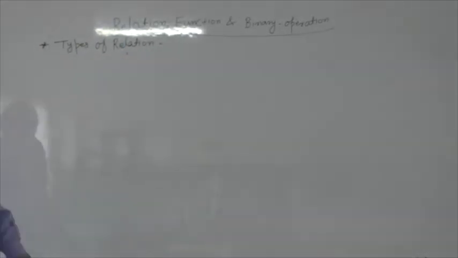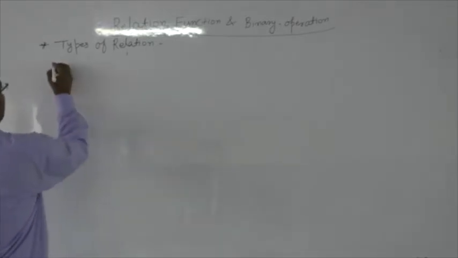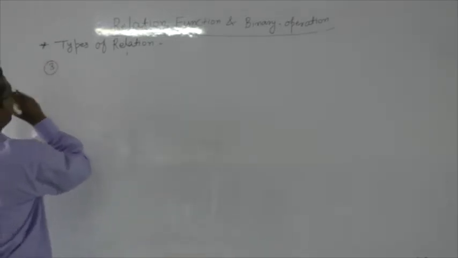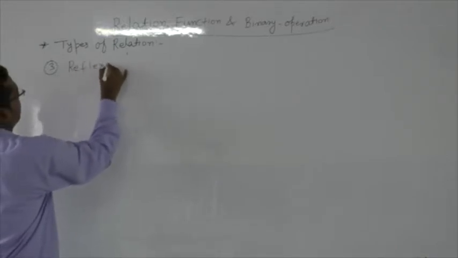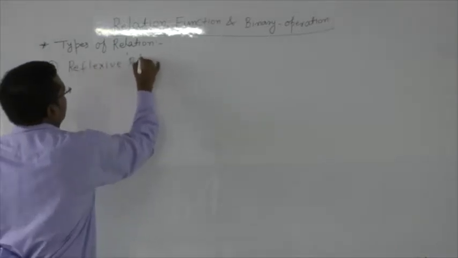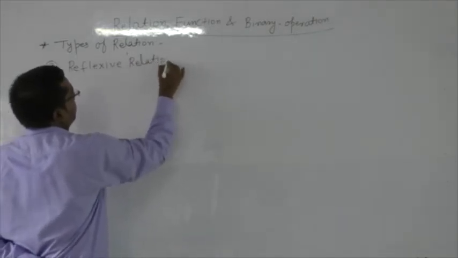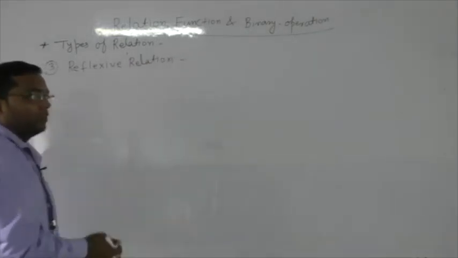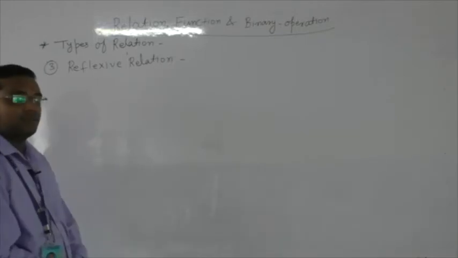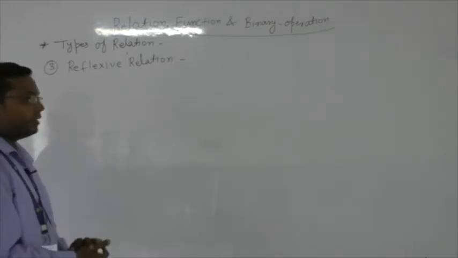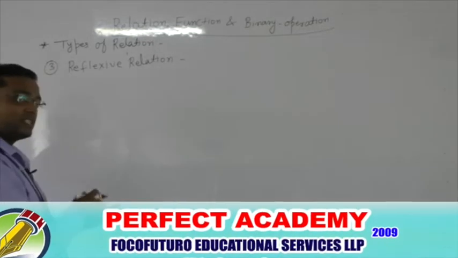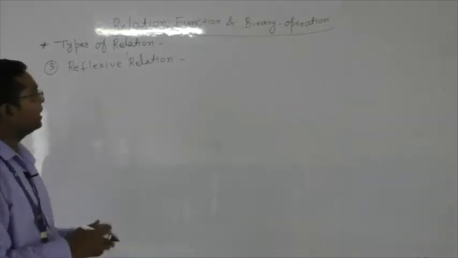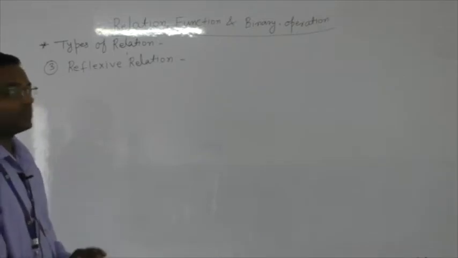Now the other type we have is reflexive relation. See, what is the reflexive relation? If in any relation every element is connected to itself, then that is called the reflexive relation.